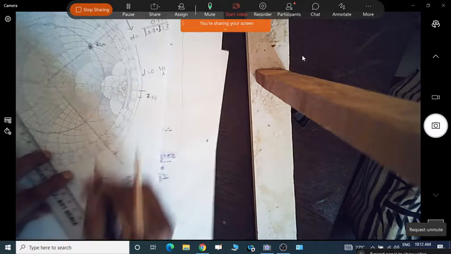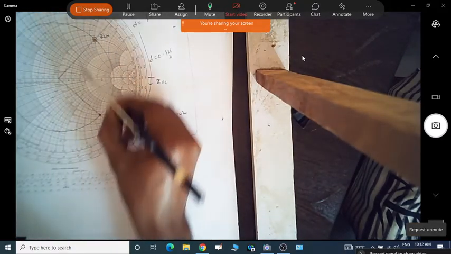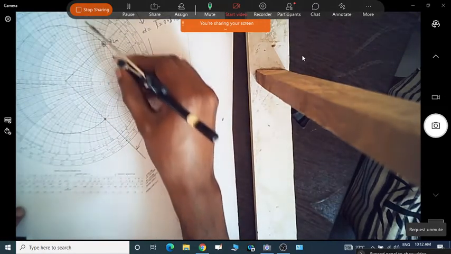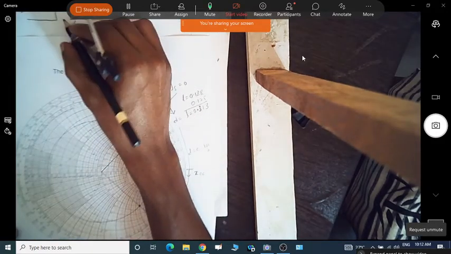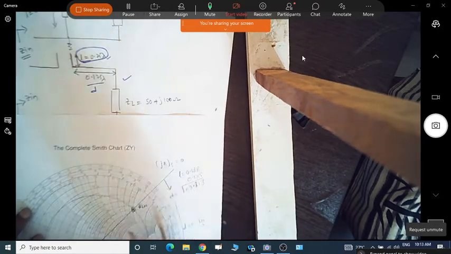Now this is actually the location of the stub, where we have the point on the VSWR circle. We have moved a distance of 0.125 lambda. So now this is the location of the stub, where we have the impedance value at this point.